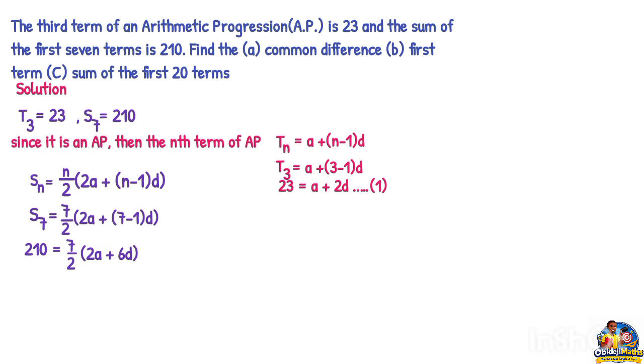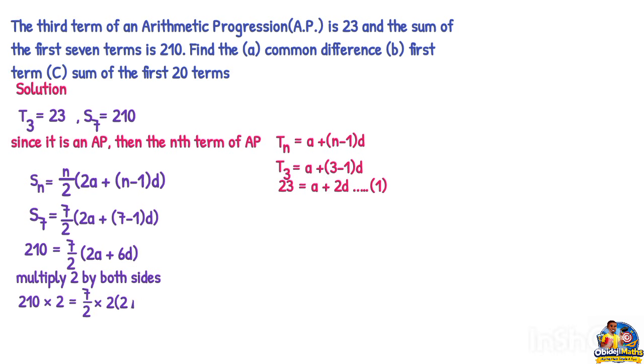Since there's a fraction there, we can multiply everything by 2, because of the denominator 2 in 7 over 2. So we multiply both sides by 2, which means we have 2 multiplied by 210 equals 7 over 2 times 2 into bracket 2a plus 6d.